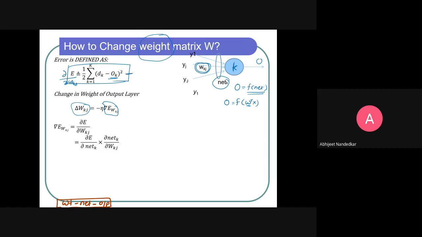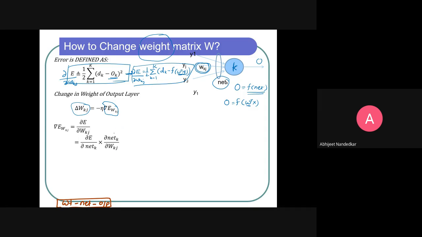So I can write this as error is equal to half summation k equal to 1 to capital K, d_k minus function of W transpose, suppose Y in this case, like this. Now if I take a partial differentiation with respect to W_kj, then you see that there is a relation.